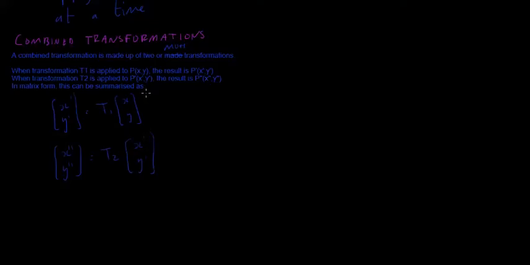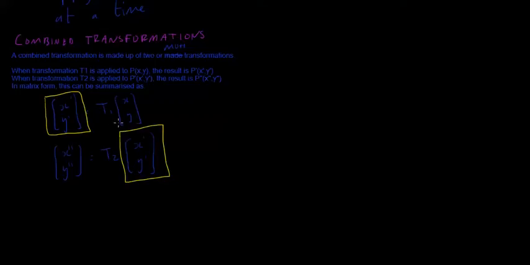Right, the question now is, can we use these two bits of information, this one here and this one here, to work out a more general rule for transformations of matrices? And what we might be able to see is that x dash y dash we know is equal to T1 x y, and we've got an x dash y dashed here.